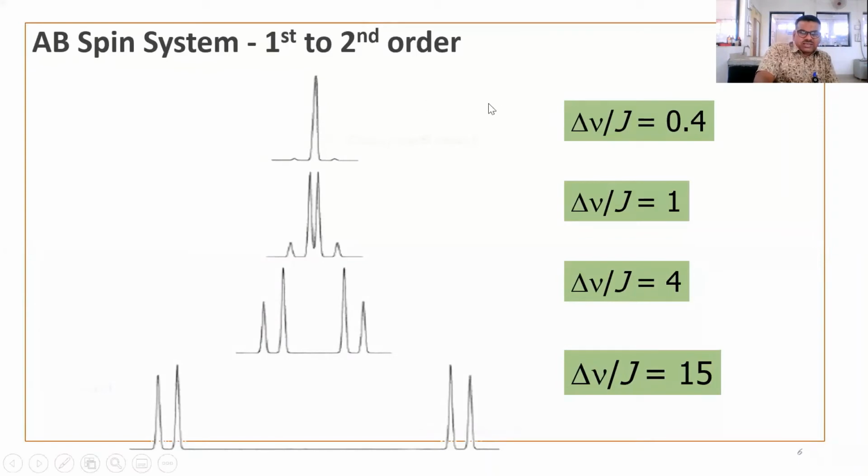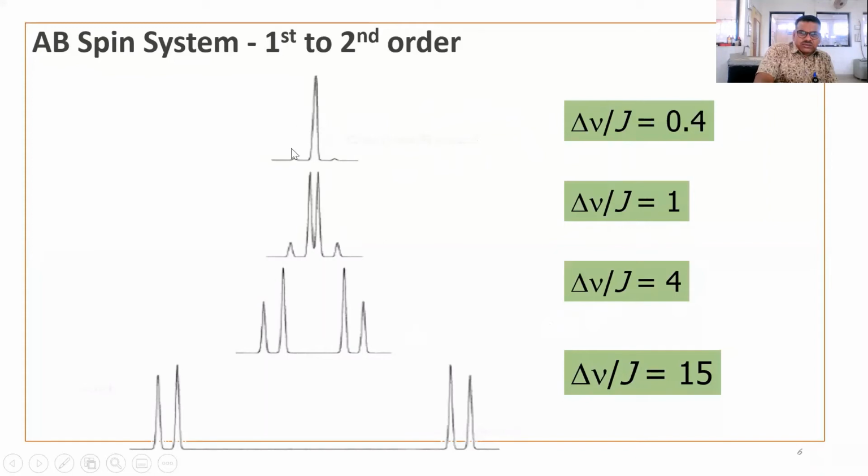So look at this AB spin system, where delta V upon J is equal to 0.4 here, 1 here, 4 here, and 15 here.